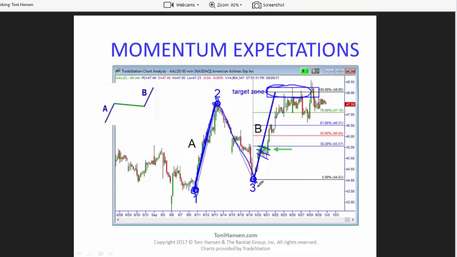Now, if momentum remains as strong as the upside here in A, then that target level stands a really good chance of hitting. As you can see, we did see a bit of a shift in momentum. So just like we saw on the euro dollar, when it hit that 100% extension level, it only tested it very, very briefly.